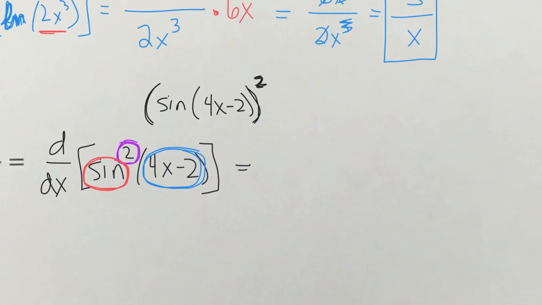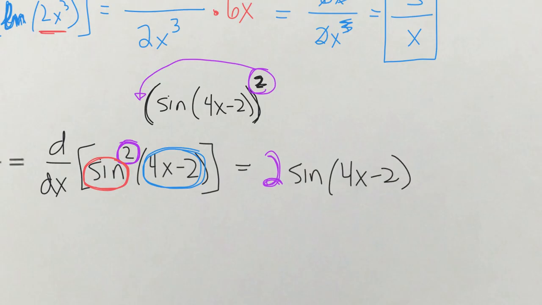We start with our power. So the 2 comes to the front. So 2, then everything else stays the same. The sine of 4x minus 2 raised to the first power. But of course, we don't ever write something raised to the first power, so we don't do that. Okay, so there's our 2.